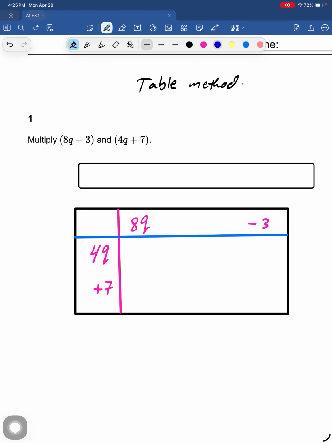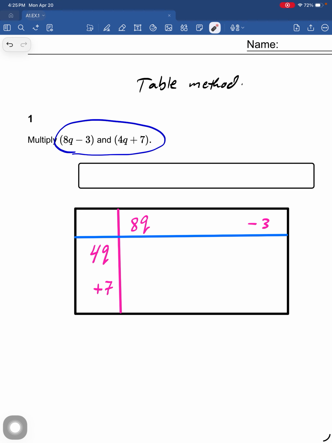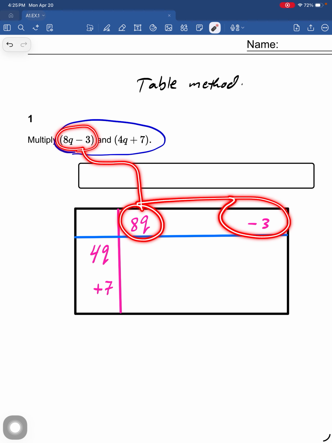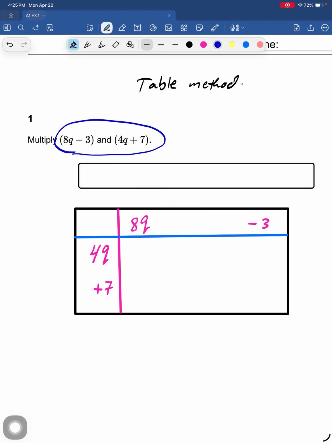You can see that we make the question from complicated to simple. So we start with the 8q minus 3 and make it like this, two sides, this term and this term. Then we can split between the two terms like this.